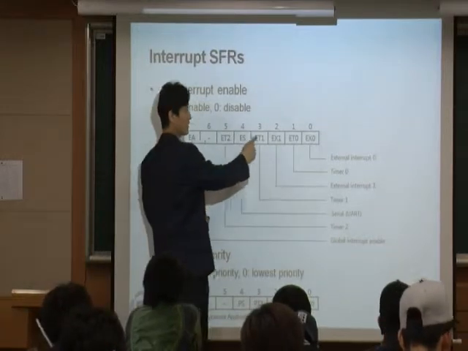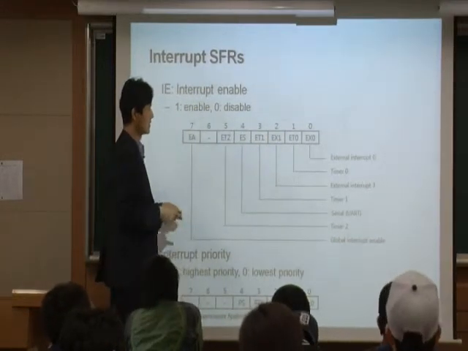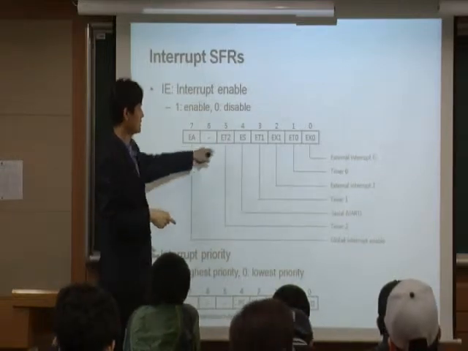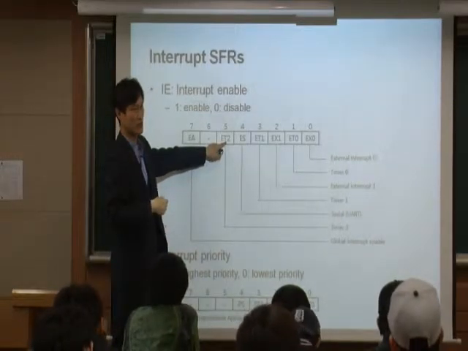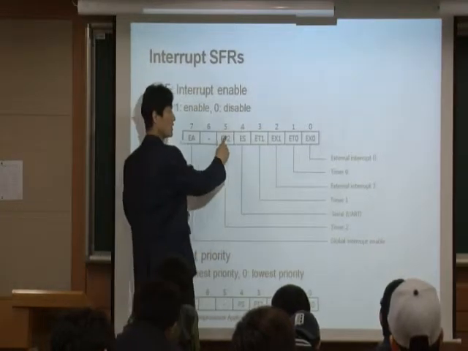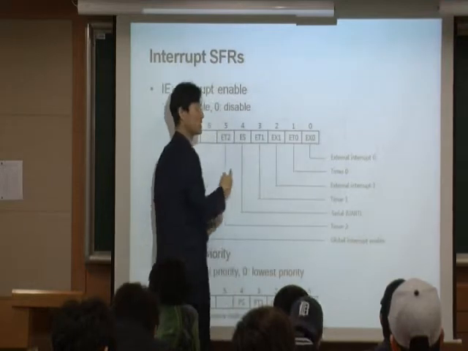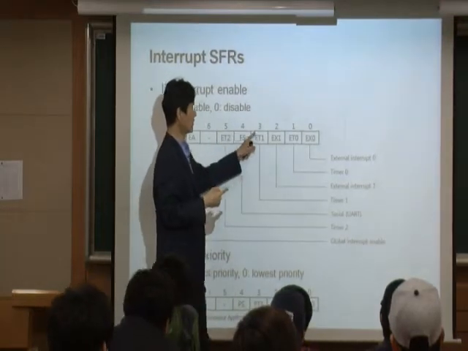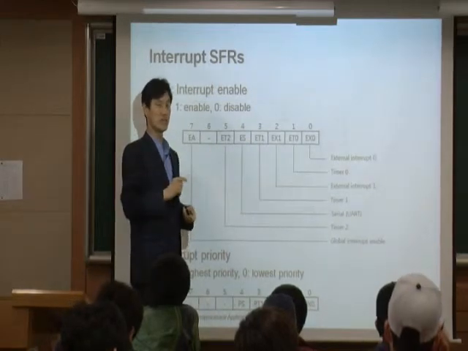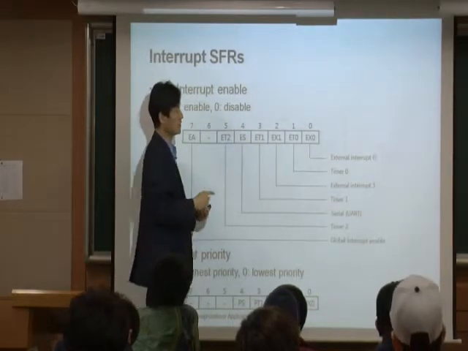And now we have 6 different bits, but this one, ET2, I think this is not used for our 8051. This is only for 8052. So forget this one. So now we have 5 different bits, from bit 4, 3, 2, 1, 0. Each of these bits is for a different interrupt source.